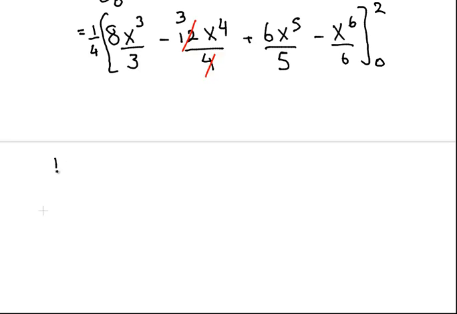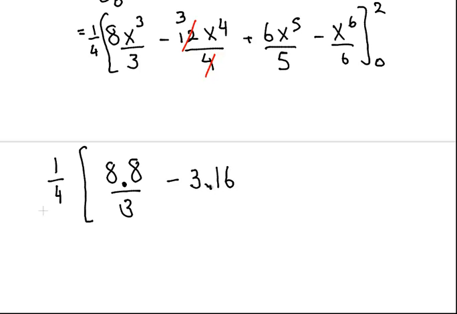So what do we have here? 1/4 times 8. x cubed is 2 cubed, that's 8 over 3. Minus 3 times x to the 4, that's 3 times 16.